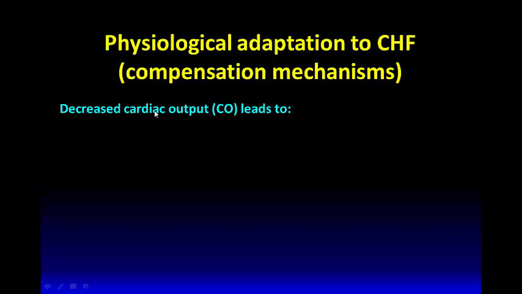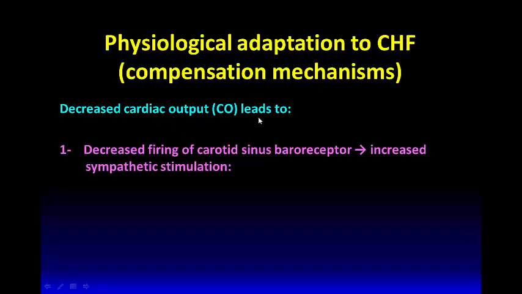So when the cardiac output is decreased, the mean aortic pressure is also decreased, and this results in decreased firing of action potentials from the baroreceptors present in the carotid sinus.